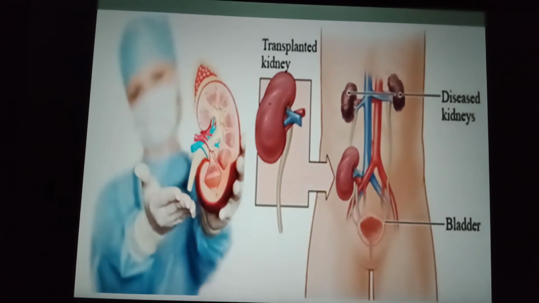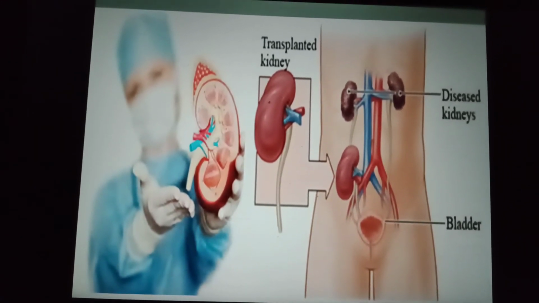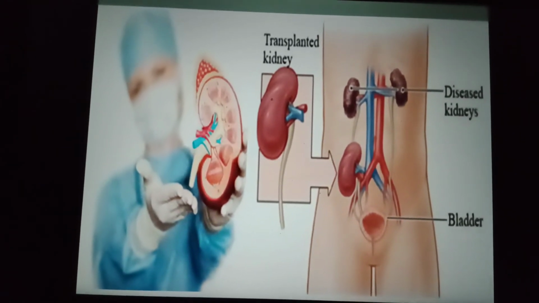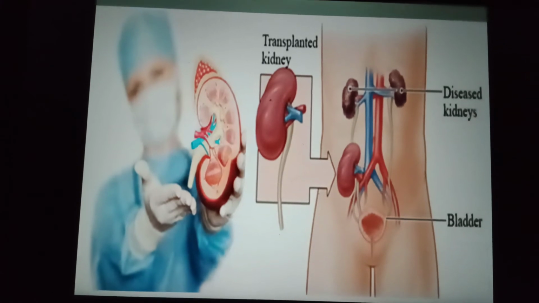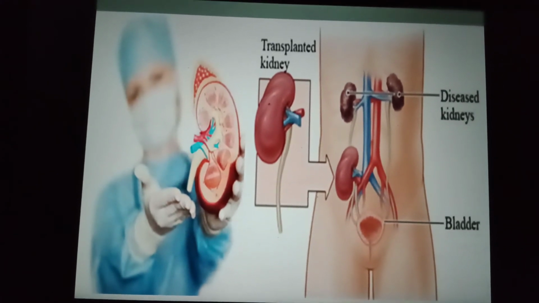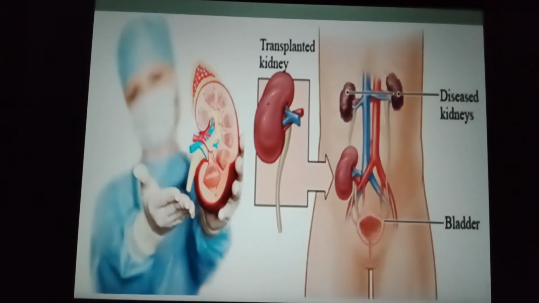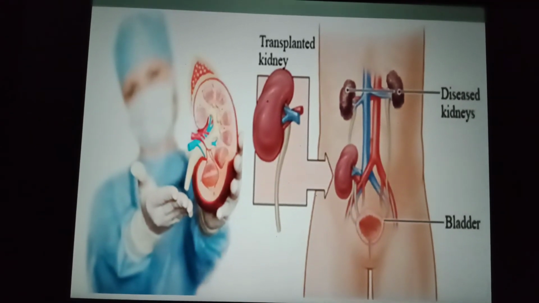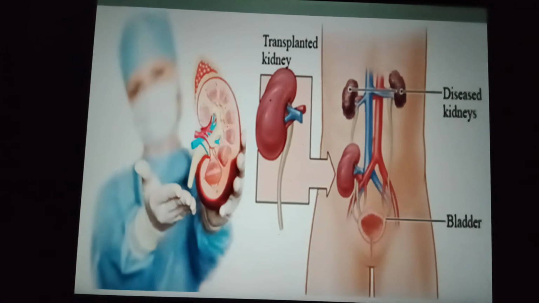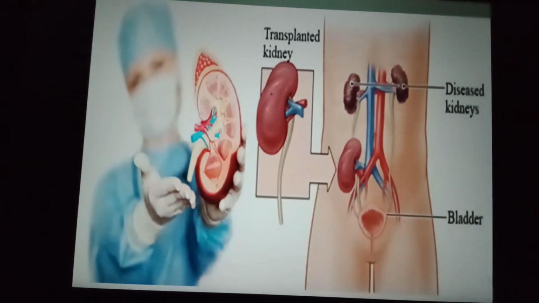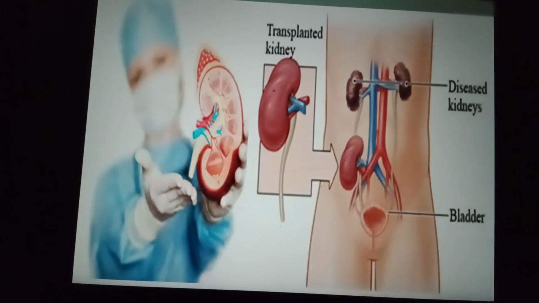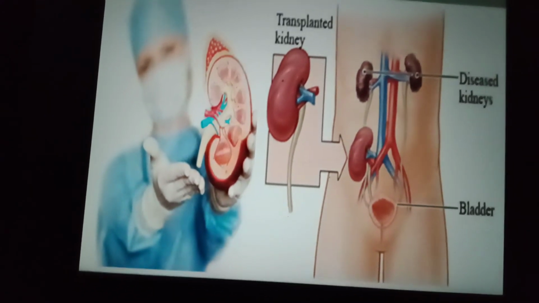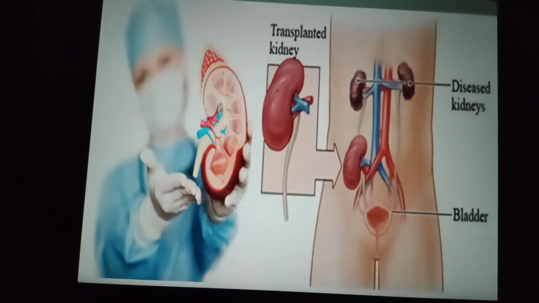So before transplant, the tissue proteins of donors and patients are matched. The donor's kidney is transplanted into the patient's body and is connected to the patient's blood and urinary system. And you can watch here that there would be a connection of the urinary system of this kidney. And the average lifetime for a donated kidney is 10 to 15 years.